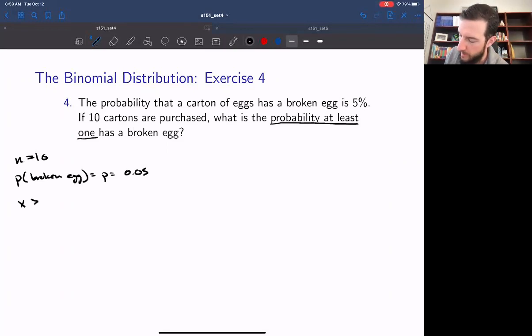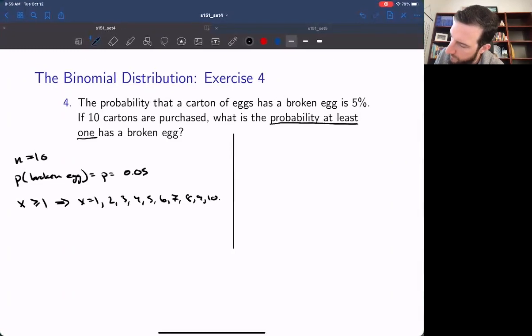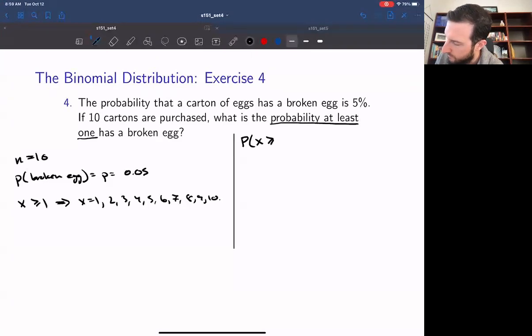So we want the probability that x is greater than or equal to 1, which in this case is going to be x equals 1, 2, 3, 4, 5, 6, 7, 8, 9, 10. All right, now in writing it out this way, what we have determined here is that our probability of interest, which is the probability that x is greater than or equal to 1, so that's at least 1, is P(x = 1) plus P(x = 2) and so on up to P(x = 10).